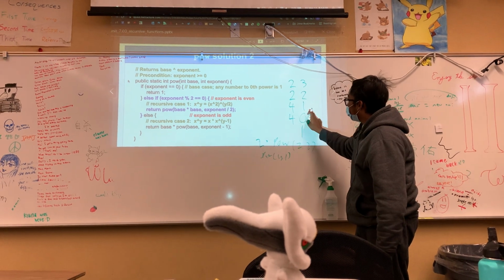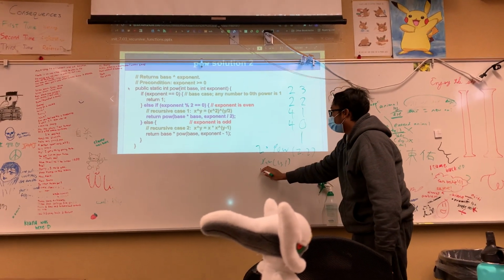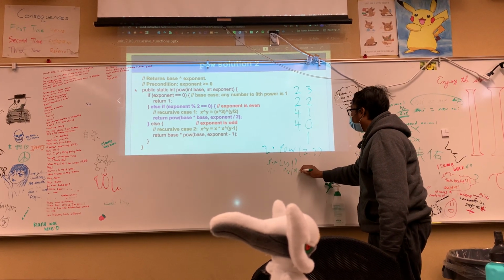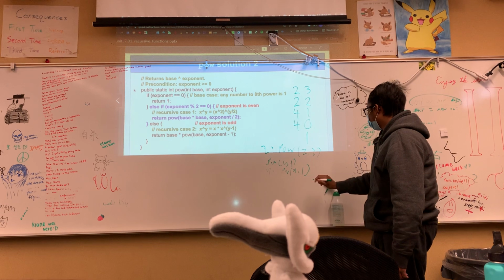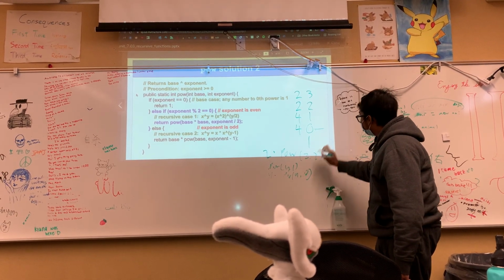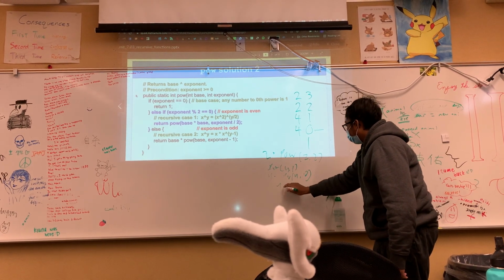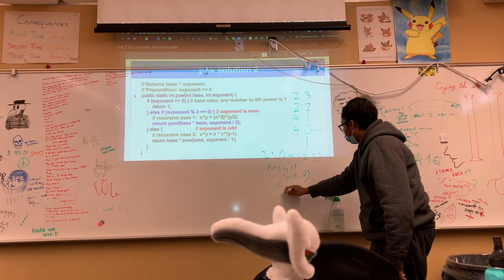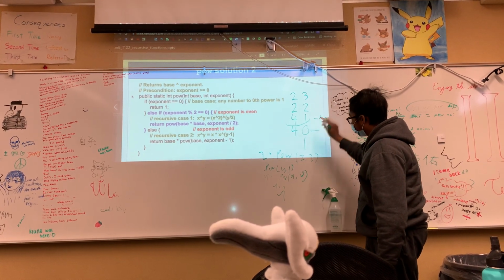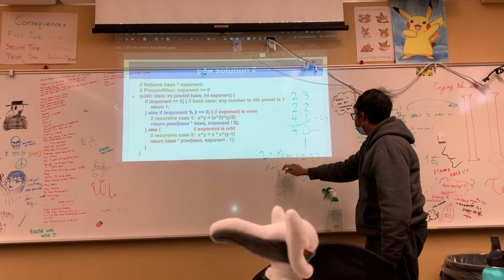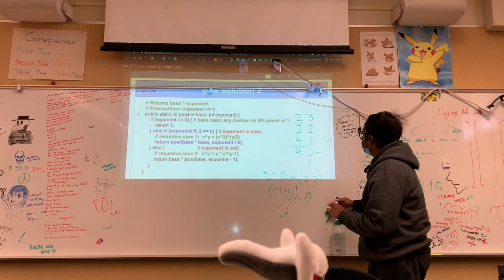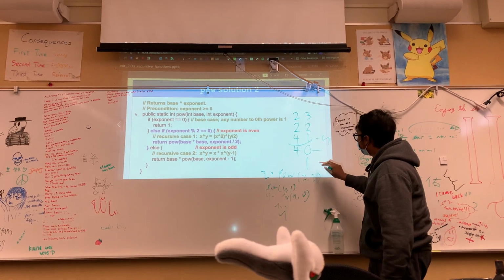This one returns 4 times power 4, 0, which returns 1. So 4 times 1 is 4. So this becomes 4.